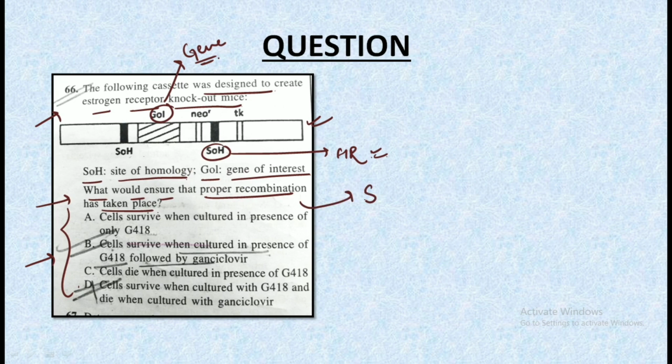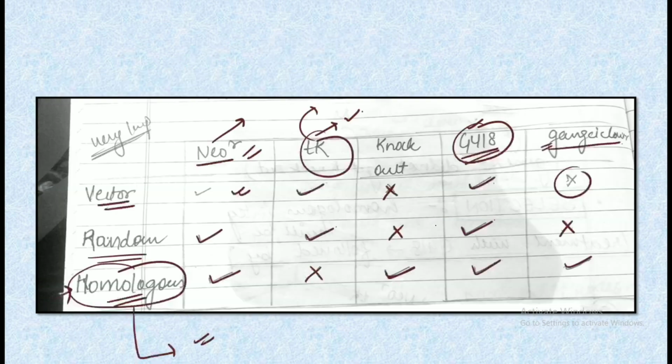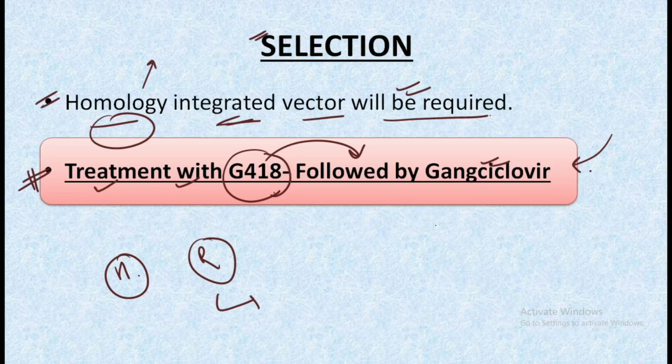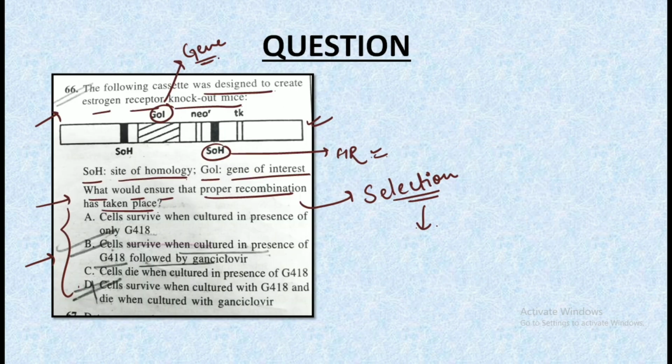So in this question it is actually asking about the proper selection. So the selection would occur, as we have just discussed, that best selection occurs when there is treatment with G418 and it is followed by ganciclovir. So this is the exact statement that has been present in this question itself.